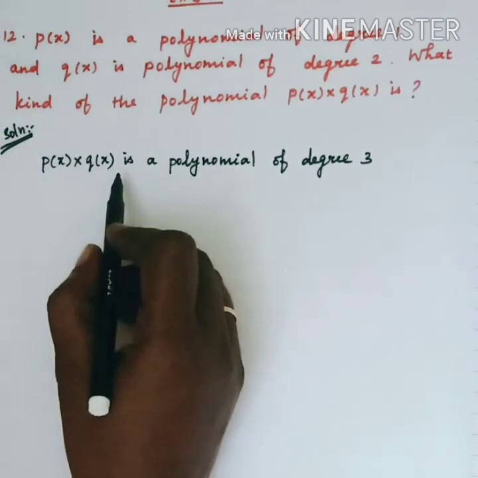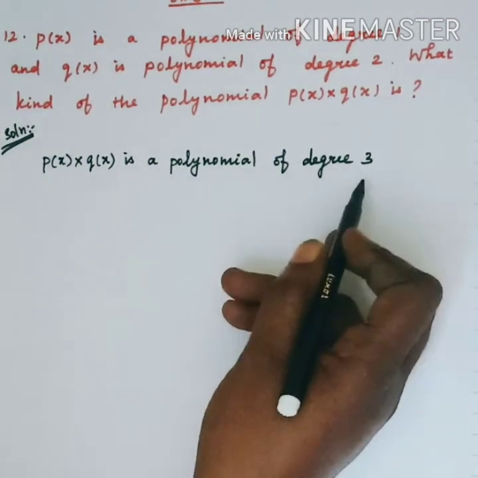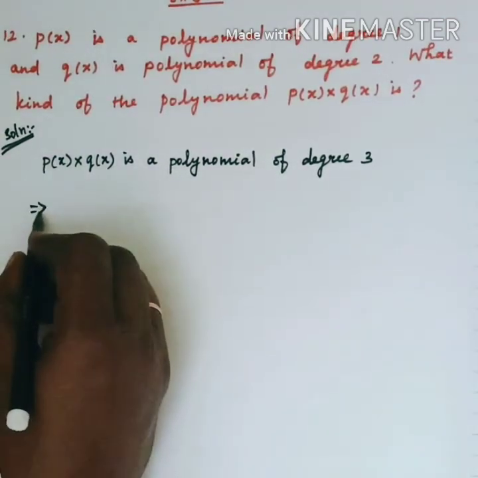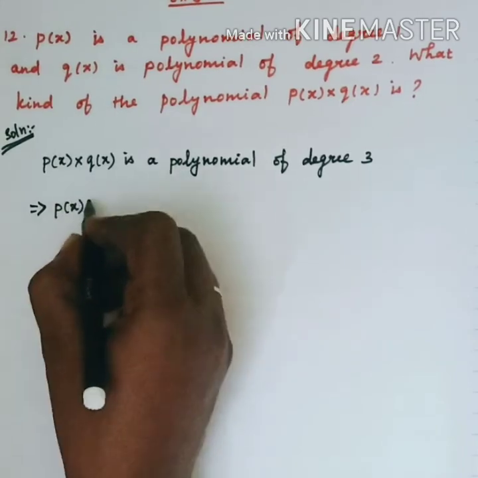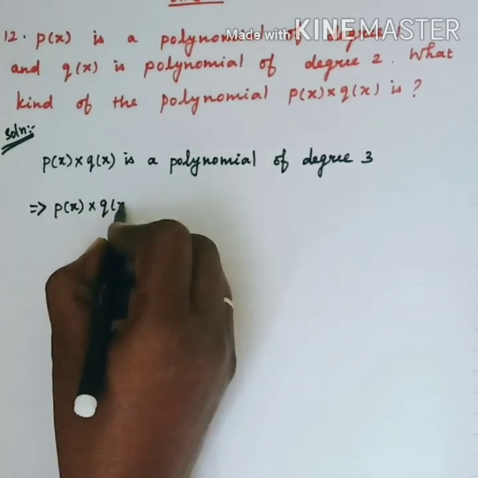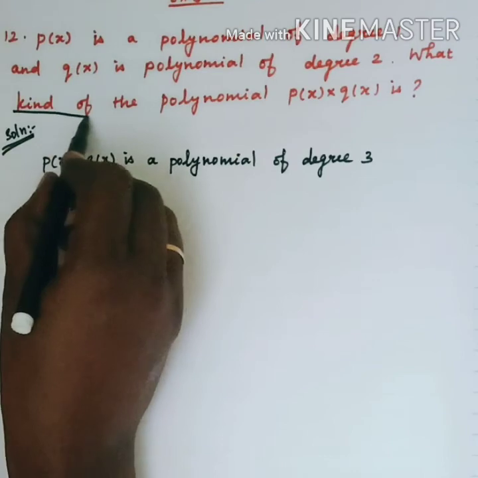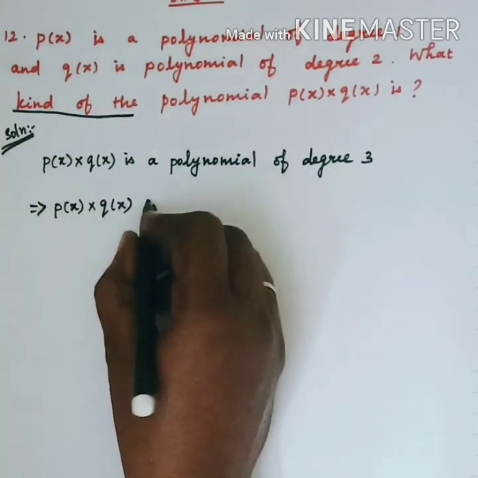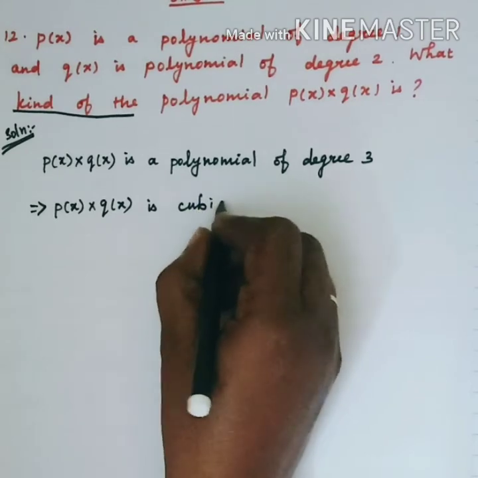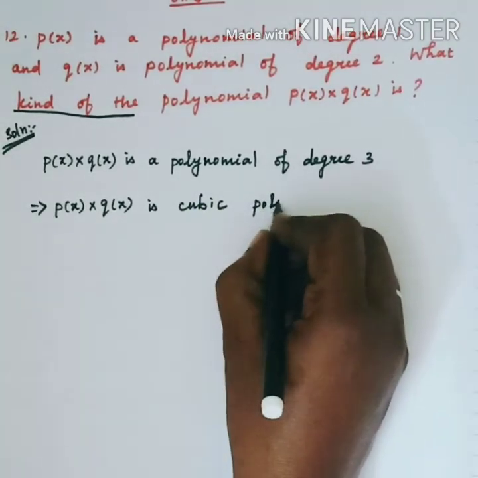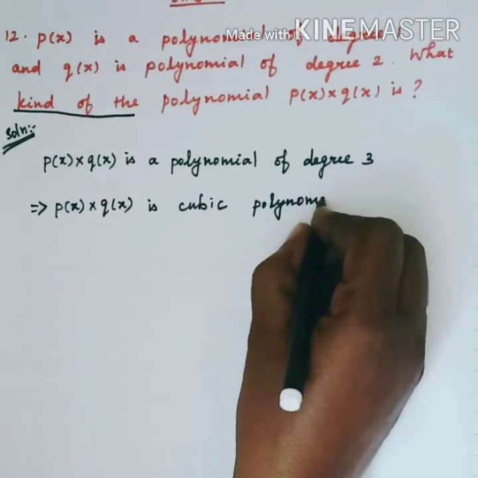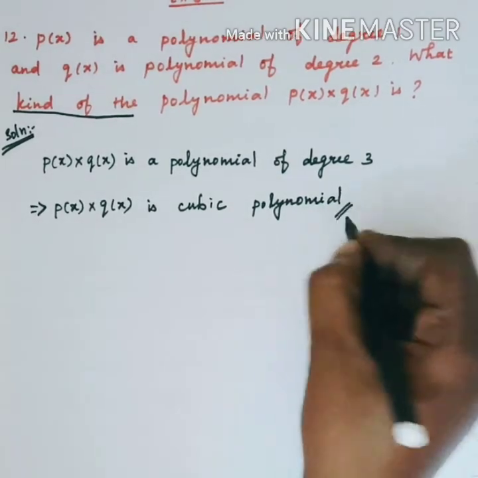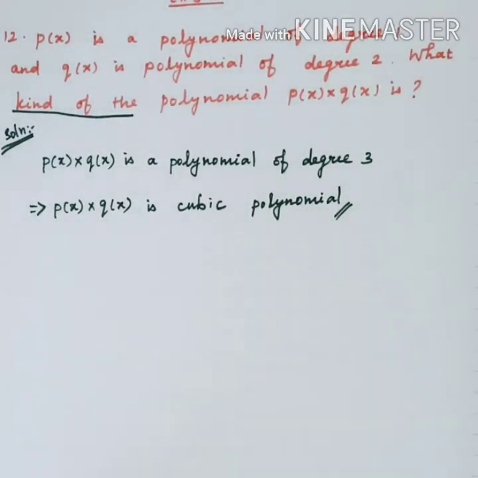They are asking what kind of polynomial, isn't it? So P of x into Q of x is a cubic polynomial. This is the answer for the last sum, the 12th sum.